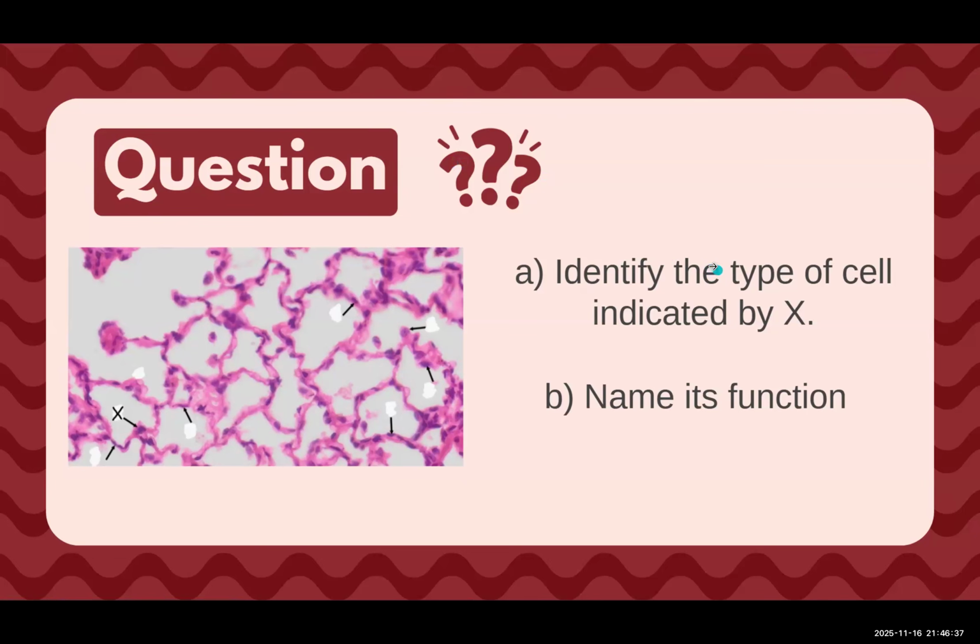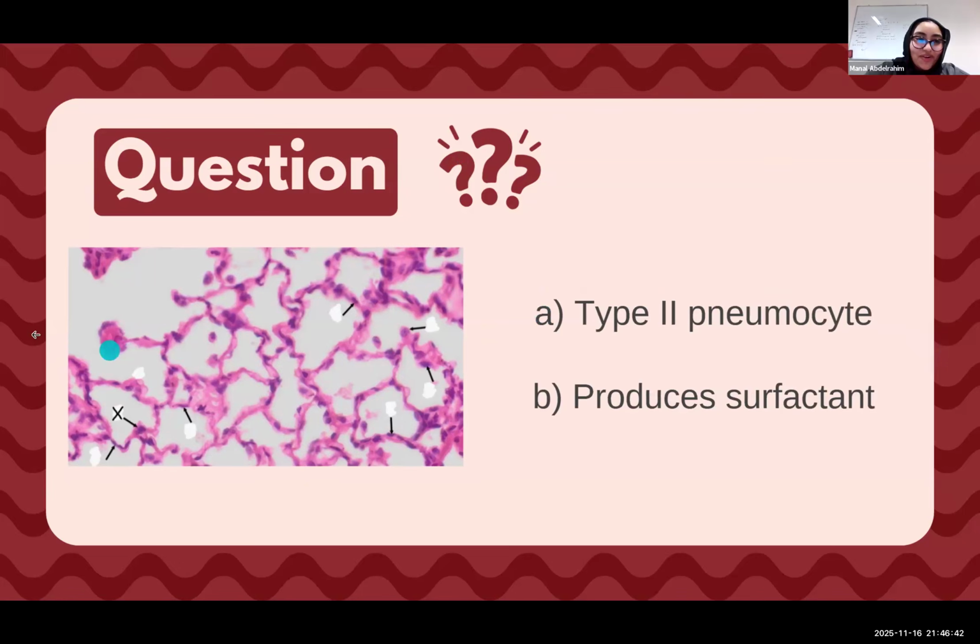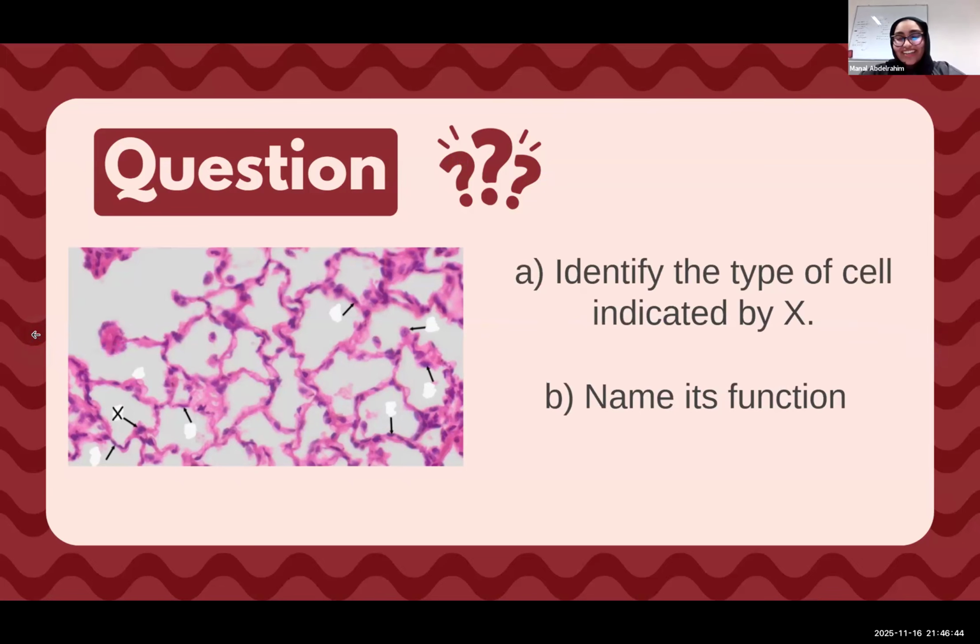It's pneumocyte type 2, right? Yeah, pneumocyte type 2. So can you tell me the function? It produces surfactant and it acts as a progenitor cell. That was amazing.